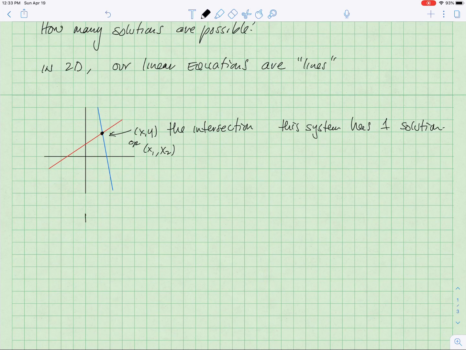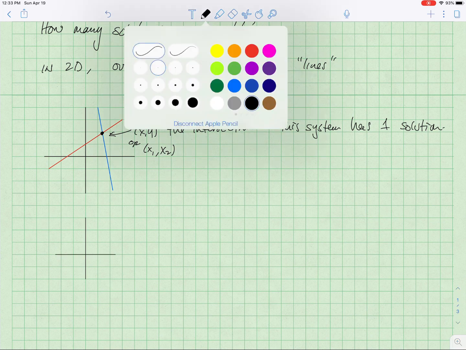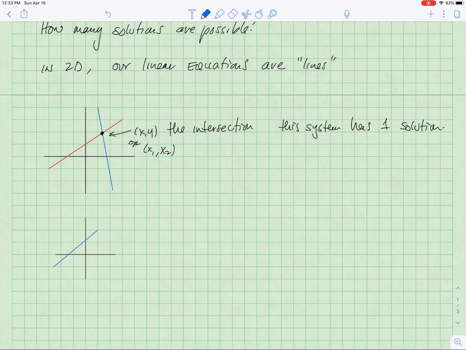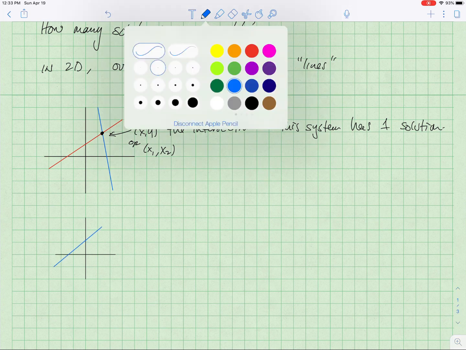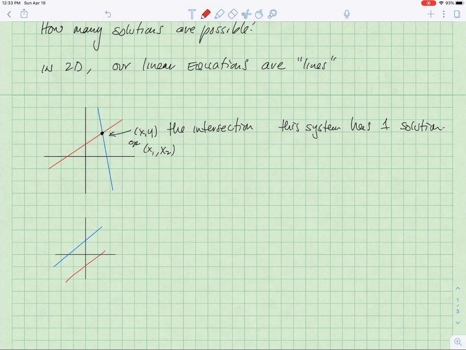But as far as other linear systems go, maybe you can think of a different way that these lines can interact. Let's see. Here's a blue line. Let's do a red line. Let me start over. Here's the red line.